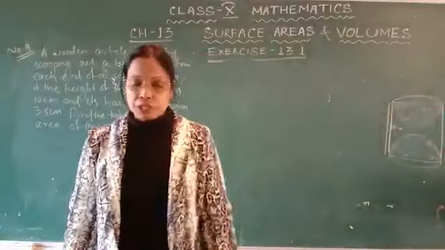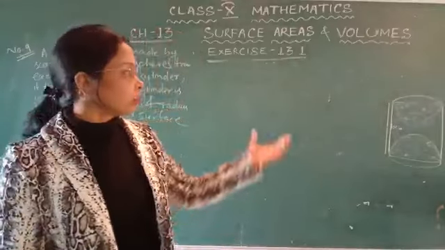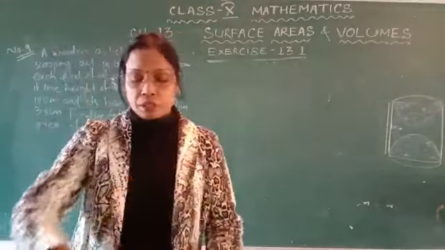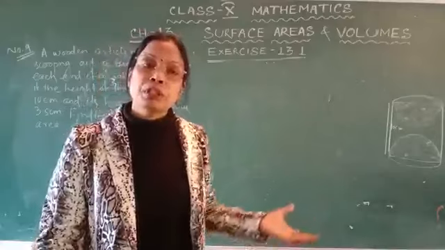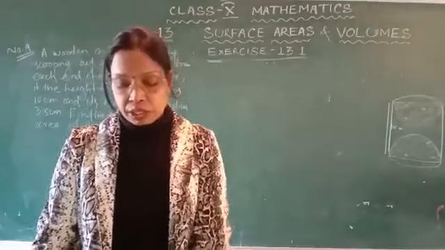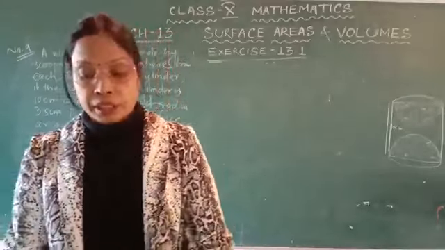So here the question said you find the total surface area of the article. So that means first the curved surface area of the cylinder, then the inner curved surface area of both the hemispherical parts. So then it will be the surface area of this.